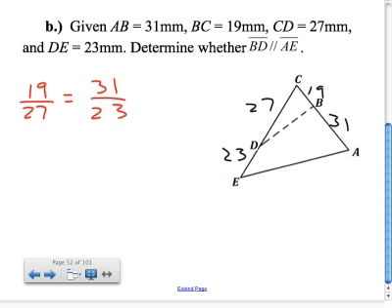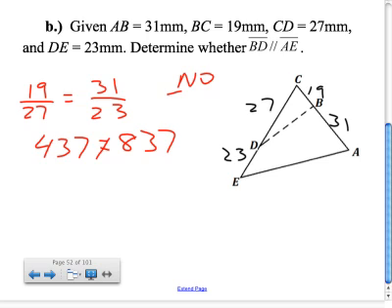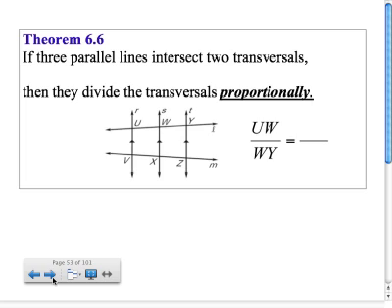When I look at that, I'm pretty sure I can't reduce either side, and if you're not sure, you can always just cross multiply. 19 times 23 is 437, and 27 times 31 is 837. They are not equal, therefore they are not parallel. So that's all we're looking at here when using the converse of the theorem.